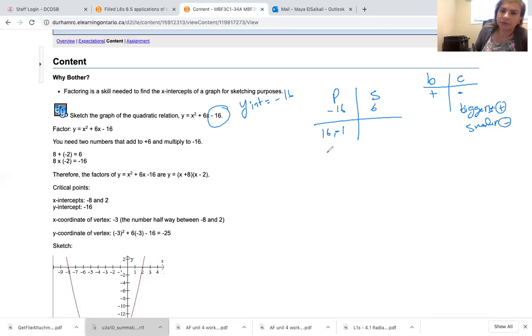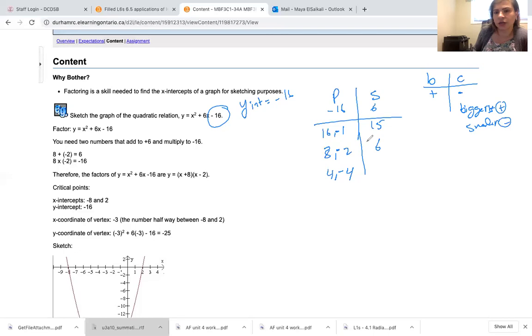What else? 8 and 2, smaller is negative. What else? 4 and 4. In this case I don't have a smaller one, so let's say one is positive and the other is negative. If I find the sum, 16 plus negative 1 is 15. 8 plus negative 2 is 6.